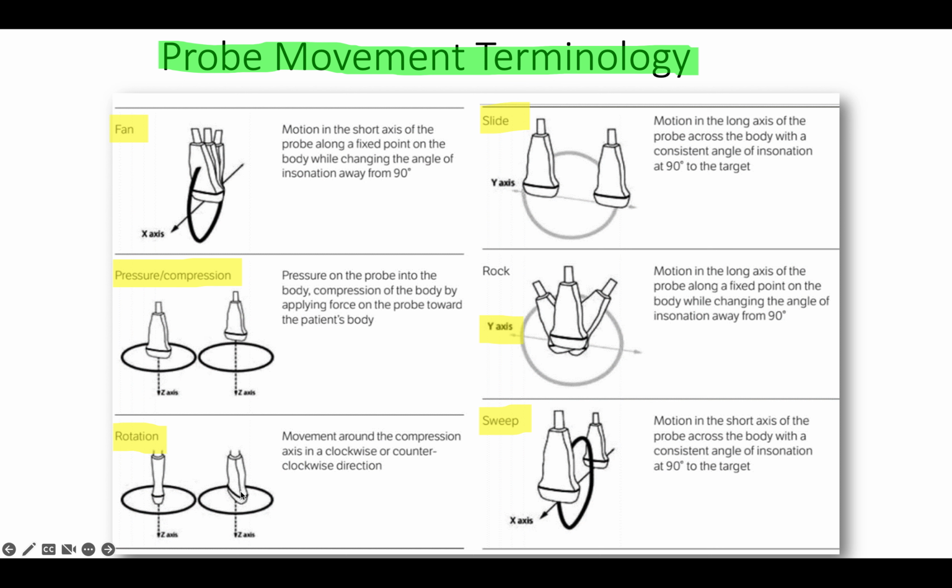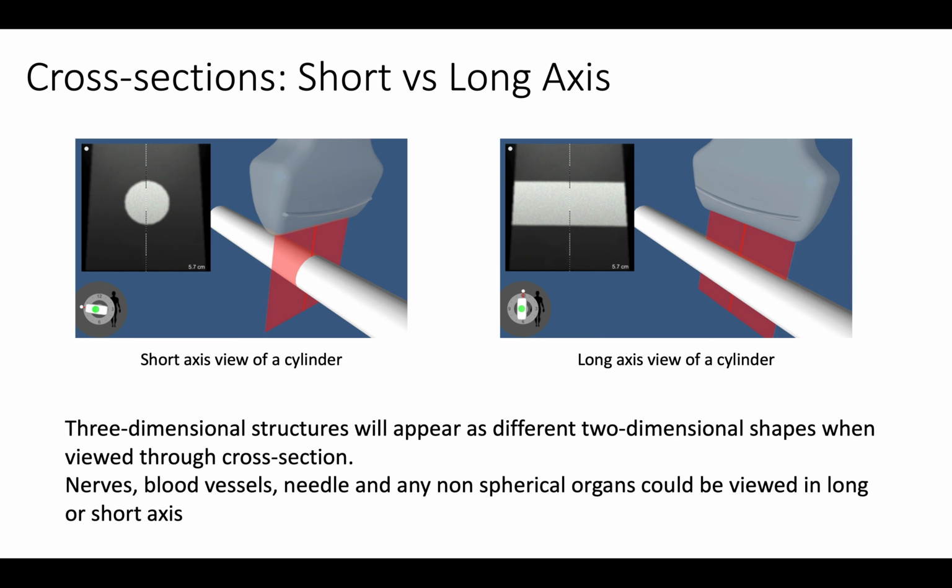And if we rotate around the z-axis, this will be rotation. Again, we have x along the short axis of the probe, y along the long axis of the probe, and z along the cable, and we can do fanning, sliding, sweeping, rocking, pressure, and rotation. These are the 6 fundamental probe movements that we'll be doing to optimize our image.